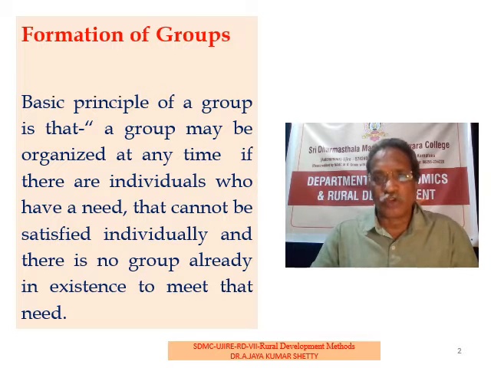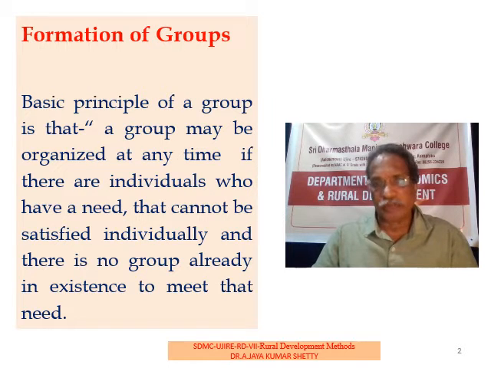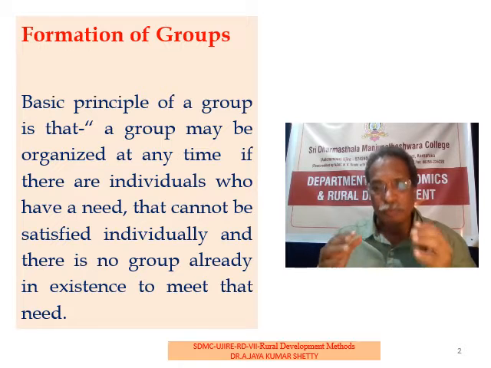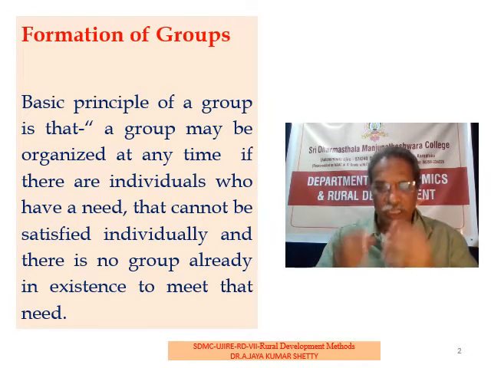The elements of groups are generally individuals, but to organize a group, one has to interest individuals in the program of that group. If people have interest in forming a group, and if they have a problem, a goal, and if people with common interest, common goal, they generally come together and form a group.